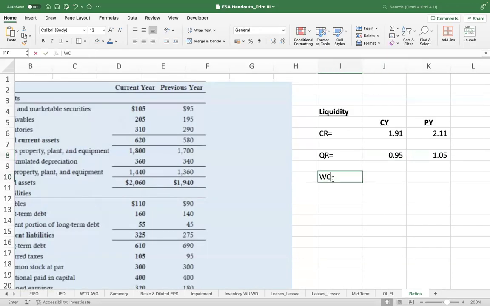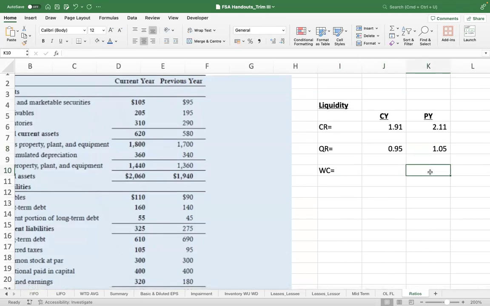And if you look at the working capital position, for the previous year it is 580 minus 275. For the current year, it is 620 minus 325.